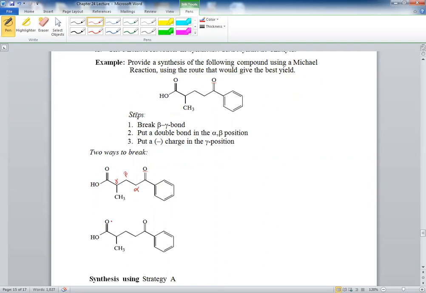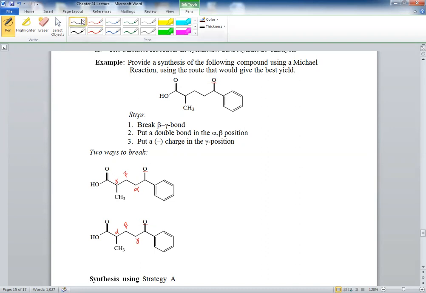So you just keep counting alpha, beta, gamma. However, you can also make this your alpha and this your beta. The beta didn't change, but the gamma would now be the alpha from the previous structure. It's the same structure, but depending on how you view it.